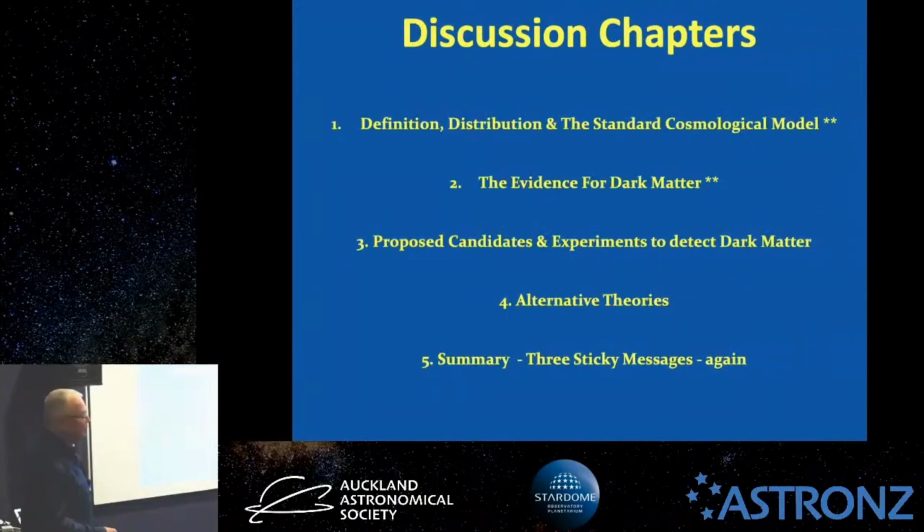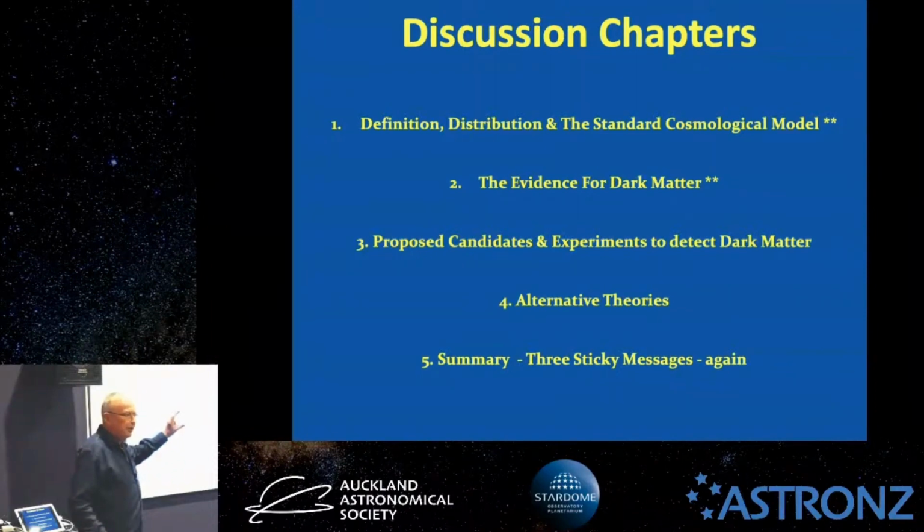So the roadmap of how we'll go about it, I've broken into 5 chapters. First of all, we'll talk about the definition: what is dark matter, where is it distributed, and, very important, the Standard Cosmological Model. Then the evidence for dark matter. I've put asterisks beside those 2 topics because that's really what I focus on tonight.